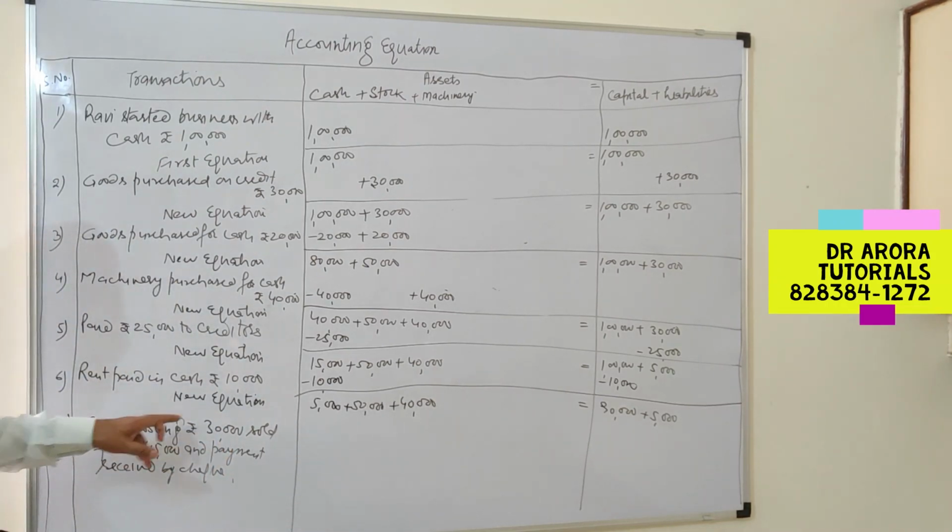Goods costing 30,000: the cost of the goods which we have sold was 30,000, while the sale price was 45,000.